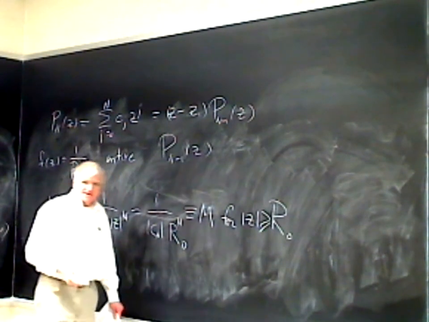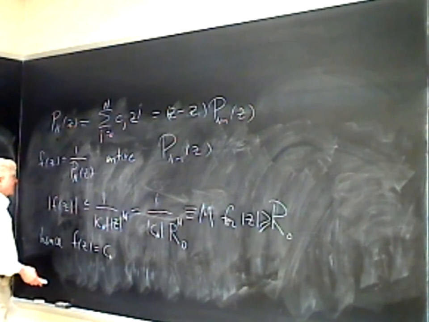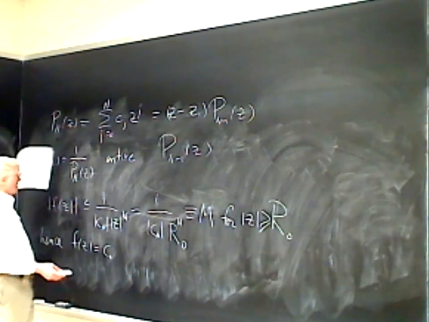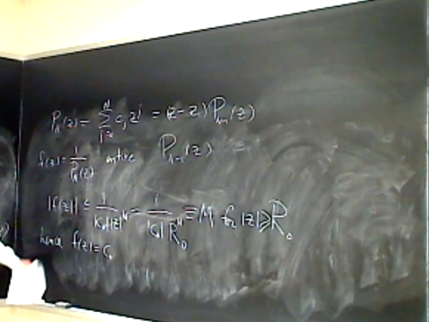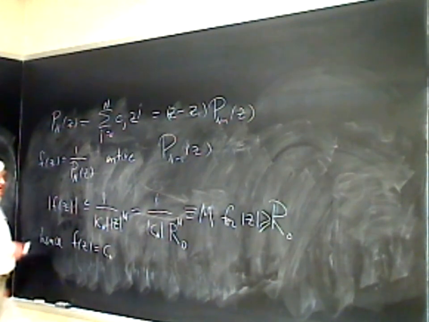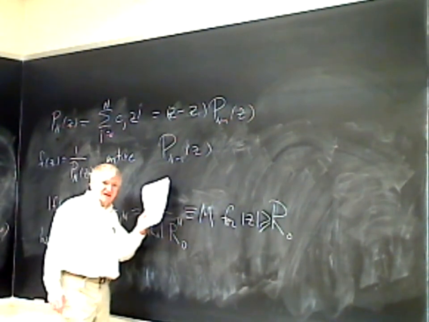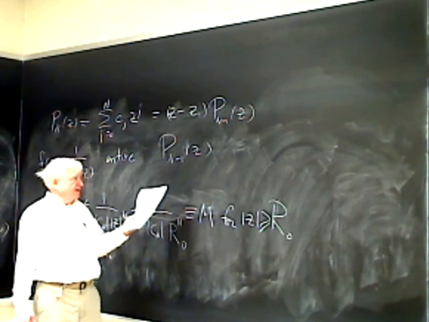You assume it has no zeros. You then take 1 over pn minus 1 of z. That's entire then, and if pn minus 1 has no zeros, you bound it, you apply Liouville's theorem, you get that it's a constant, but it can't be a constant unless capital N is 1.